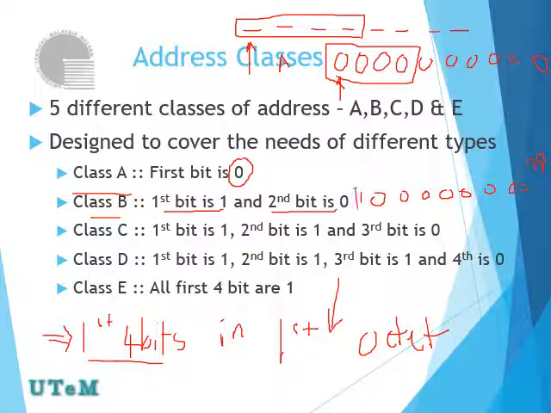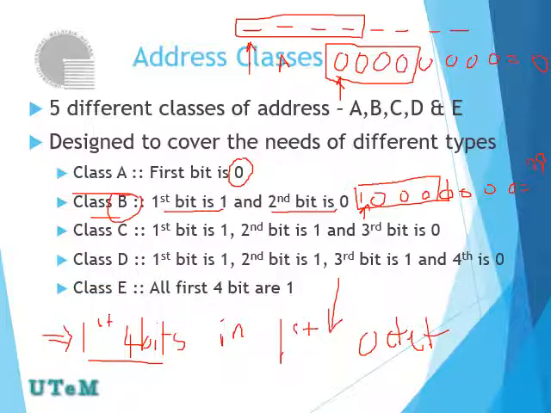So look at the first 4 bits. If the first bit is 1 and the second bit is 0, then it is class B. Easy. And that's the way we identify the class of the IP address.